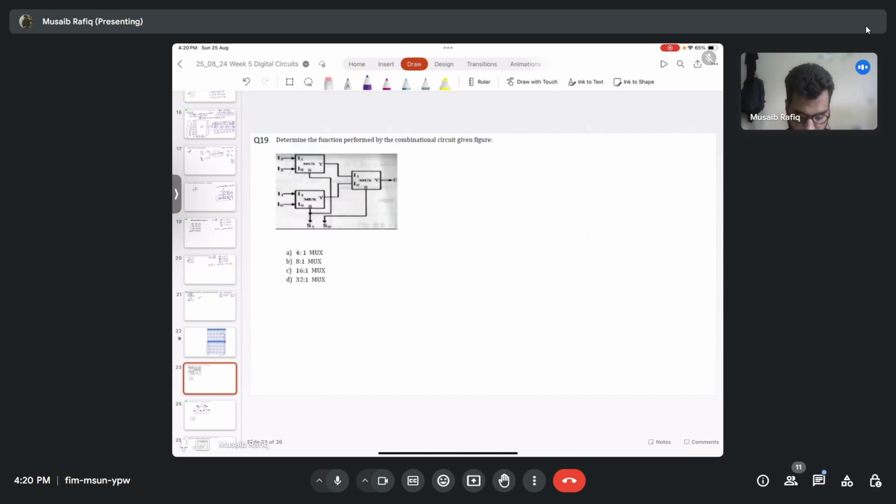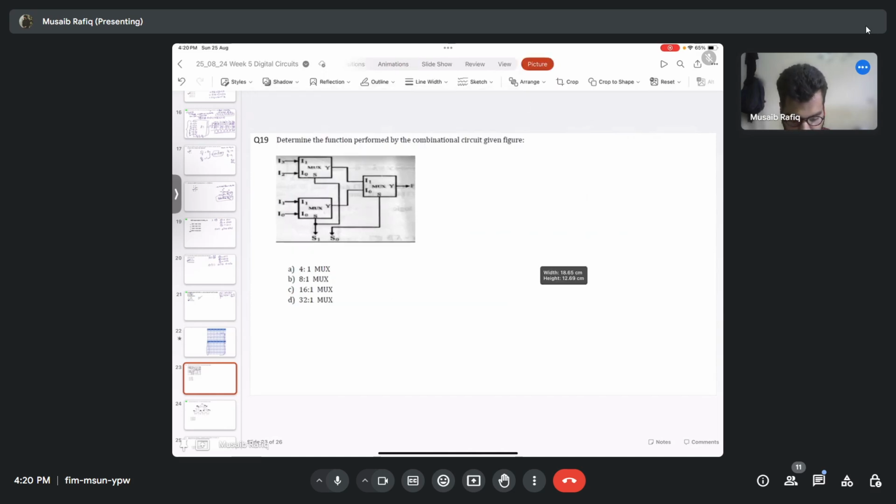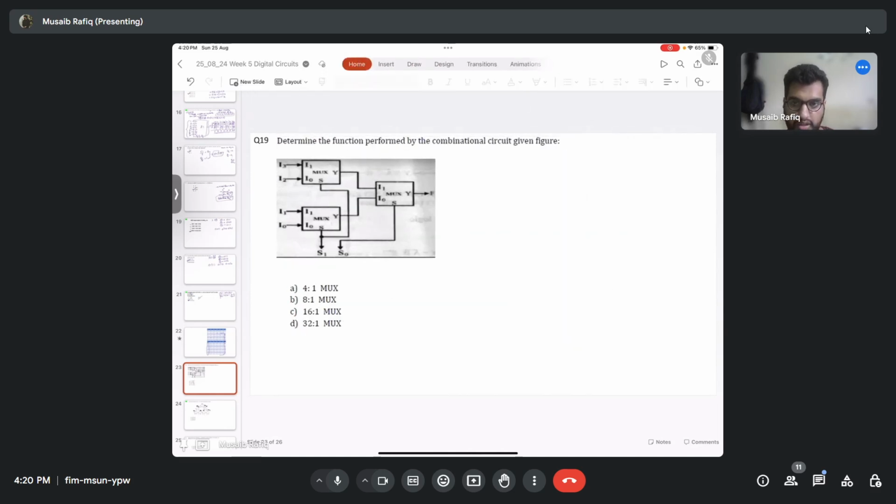Now I have question 19. Can anyone tell me what is the functionality performed by the combinational circuit that is given in the figure? Let me just increase the size. So what is it?